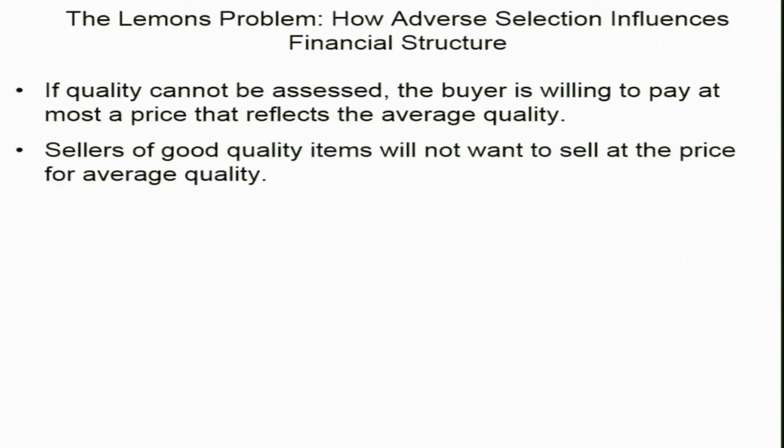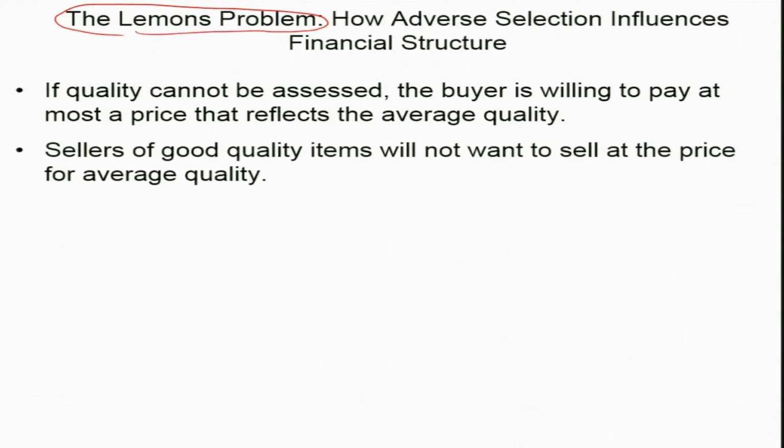Let us now see how adverse selection influences the financial structure. If quality cannot be assessed, this adverse selection, which we also call the lemons problem, from the low quality car example, is popularly known as the lemons problem.